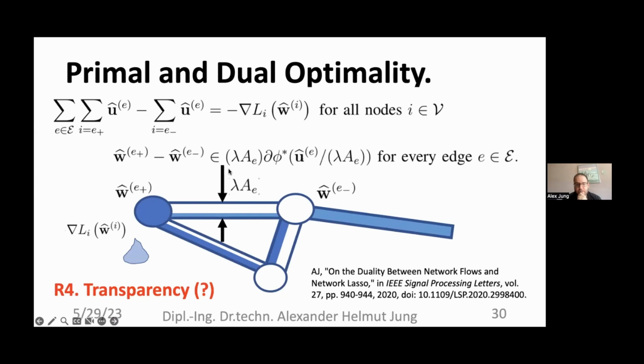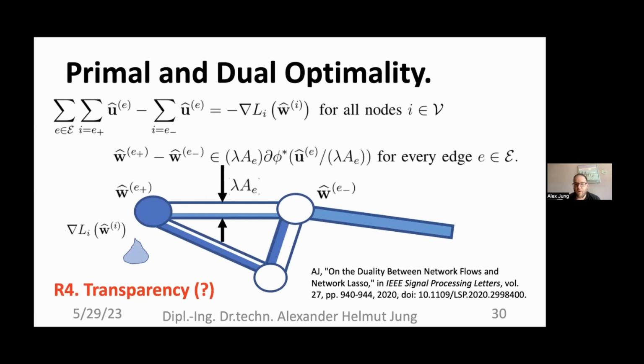So these flows must be conserved. And the only way for these flow vectors to leave or to get injected into the network is via the gradients of the local models. The gradients of the local models evaluated at the finally obtained parameter vectors are the injection or the leakage of flow that runs through this network.